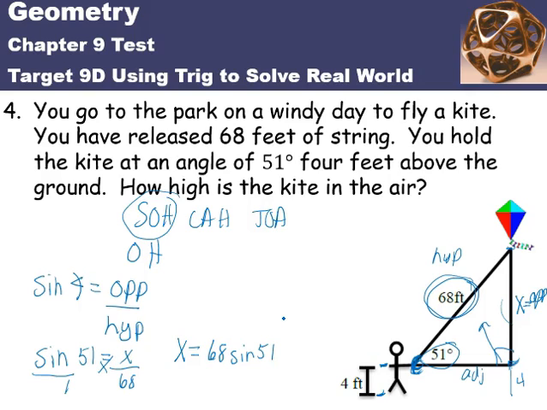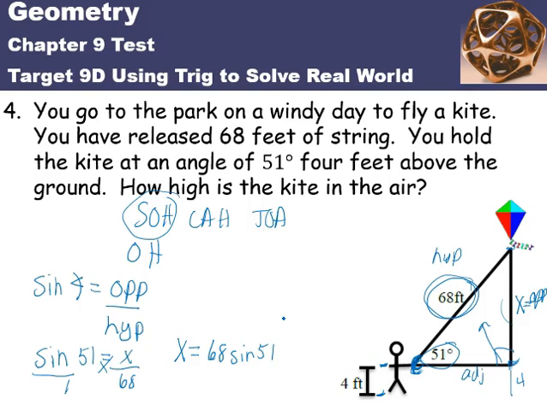And I'm going to plug that into my calculator. So 68 sine 51. Sine of 51, and again make sure your calculator is in degree mode, and it's 52.8.